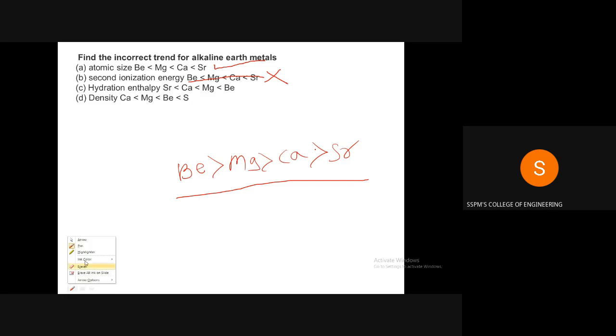Because when you go down the group, ionization energy will increase. So this is a correct order and that is an incorrect order. They asked for the incorrect trend, that is second ionization energy. B is the correct answer.